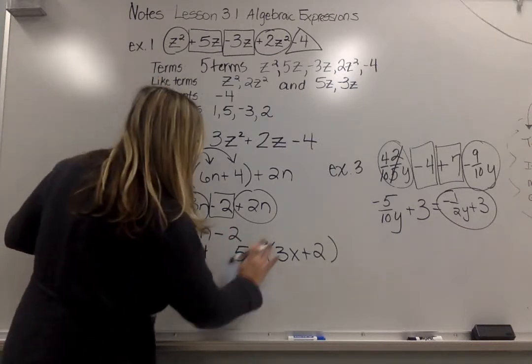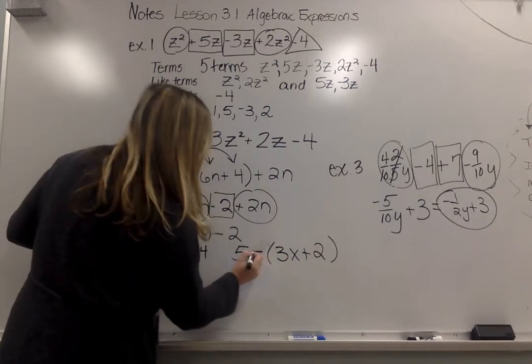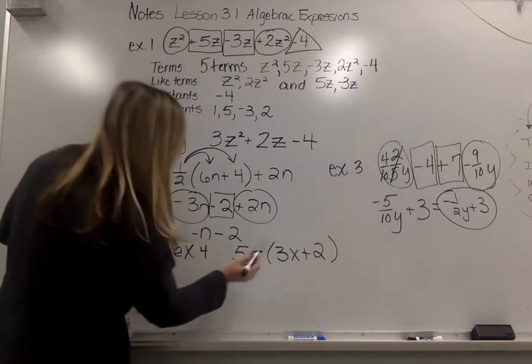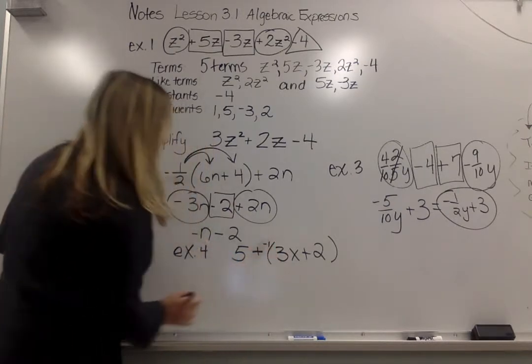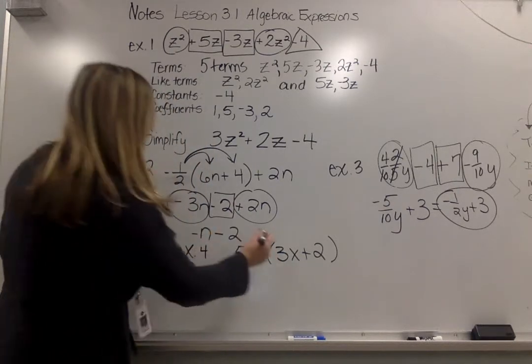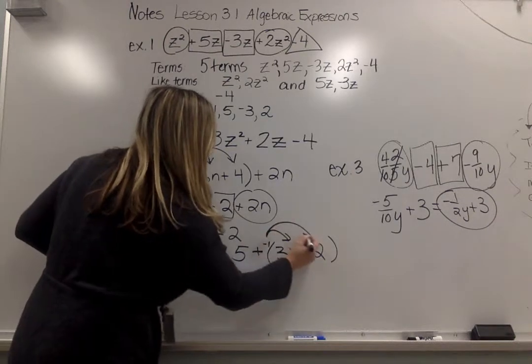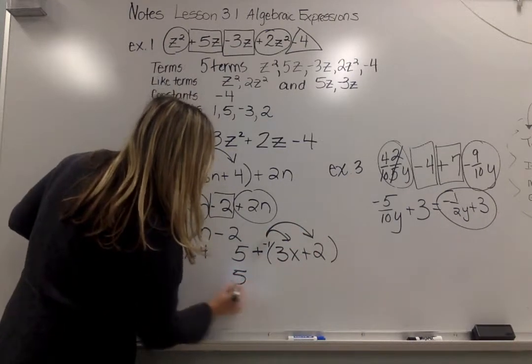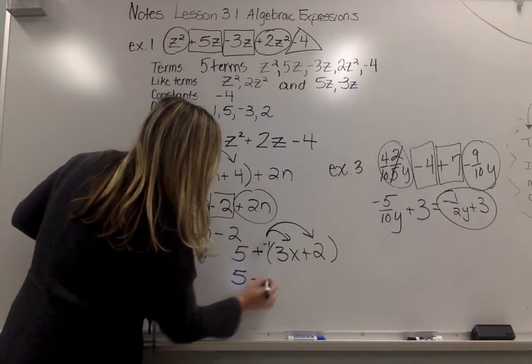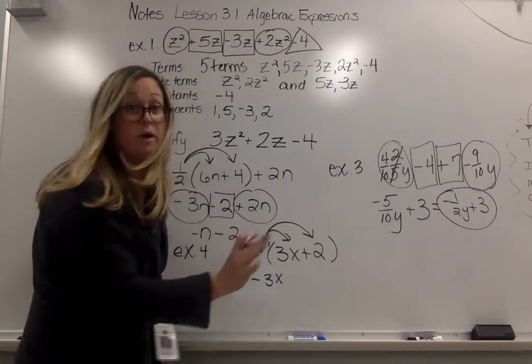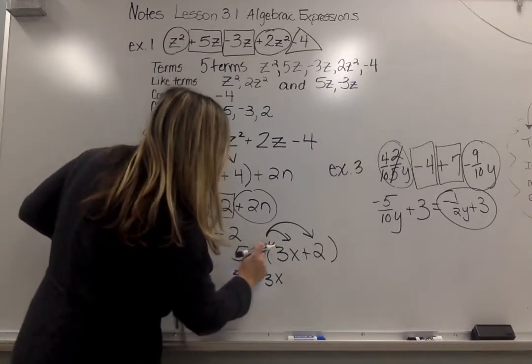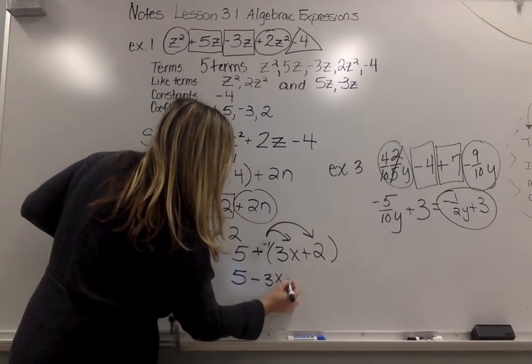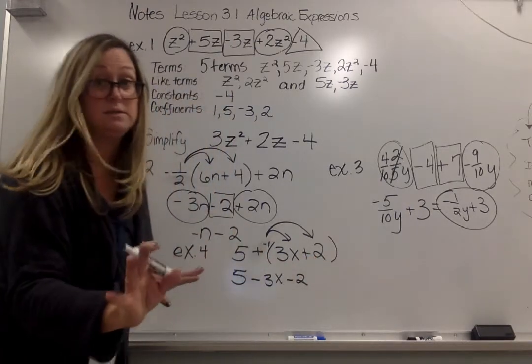So let me show you that again. 5 minus is the exact same thing as plus negative 1. Oh, I have the distributive property. I'm going to distribute that negative 1 to each of the terms. 5 minus 3x, or I can write plus negative 3x. Negative 1 times 2 is minus 2 or plus negative 2.